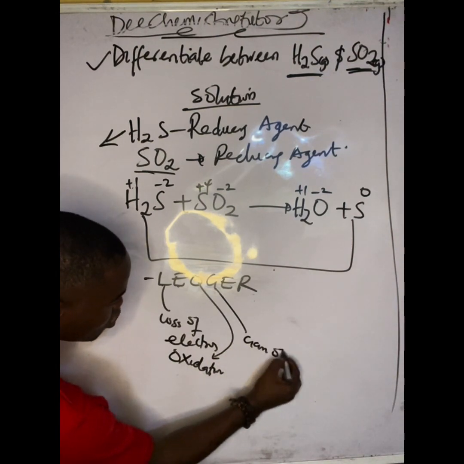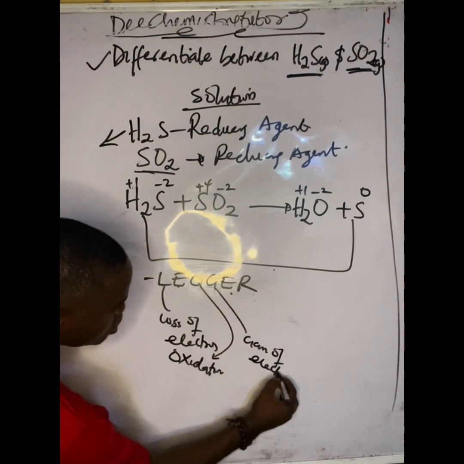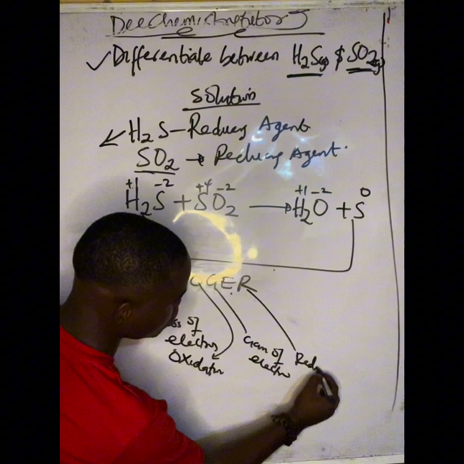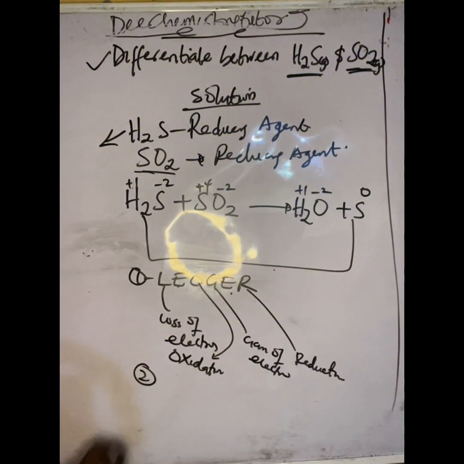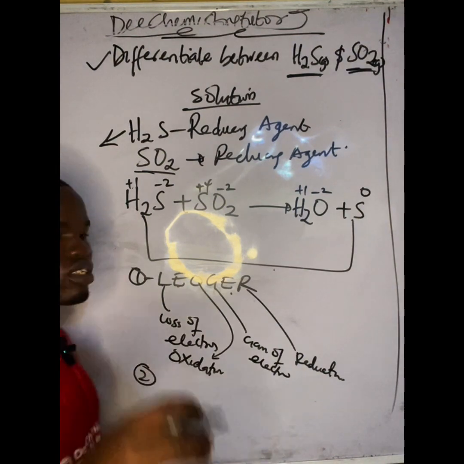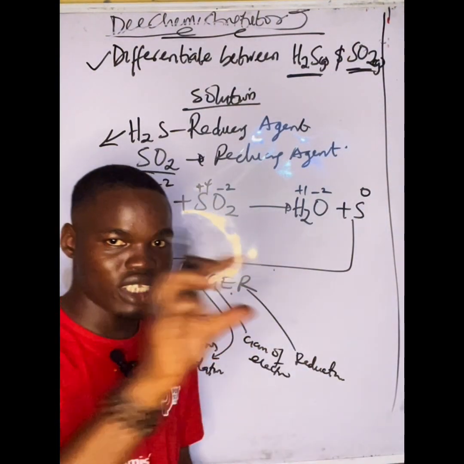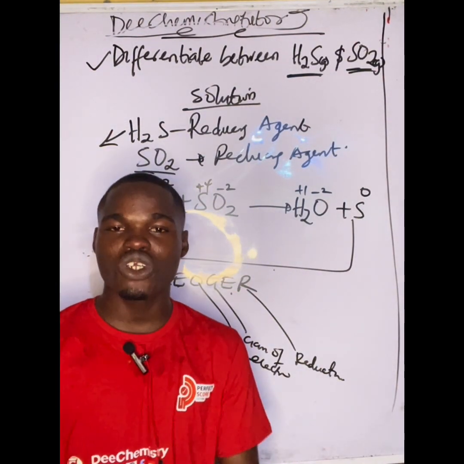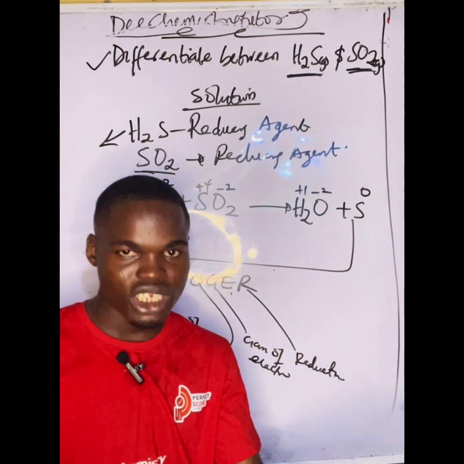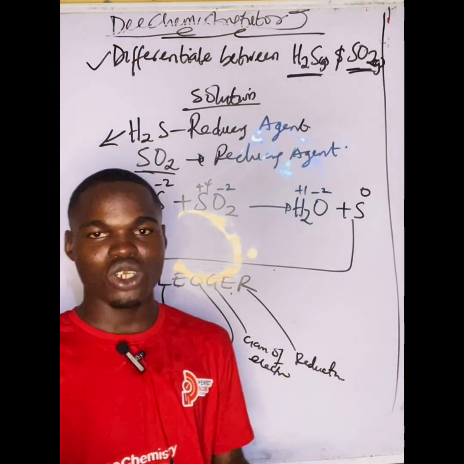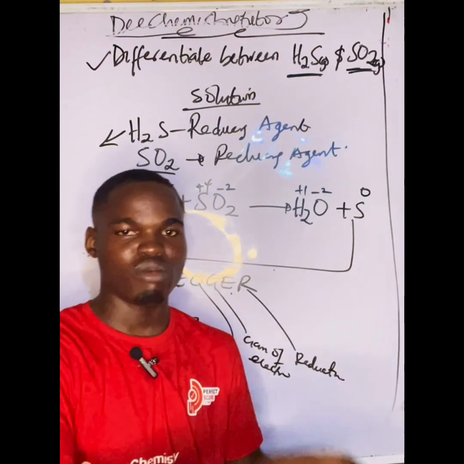Gain of electron means what? Reduction. So there is one way to define it. Another way to define it is that oxidation means addition of oxygen. Oxidation, you oxidize someone. While reduction means what? Removal. Okay, we can say oxidation means addition of oxygen, removal of hydrogen. While reduction means addition of hydrogen, removal of oxygen.